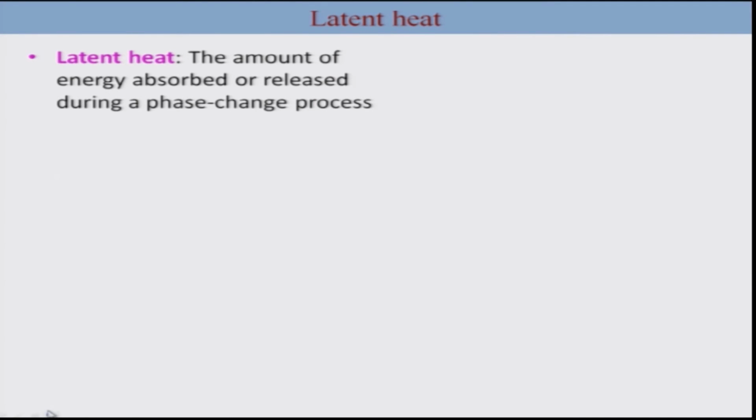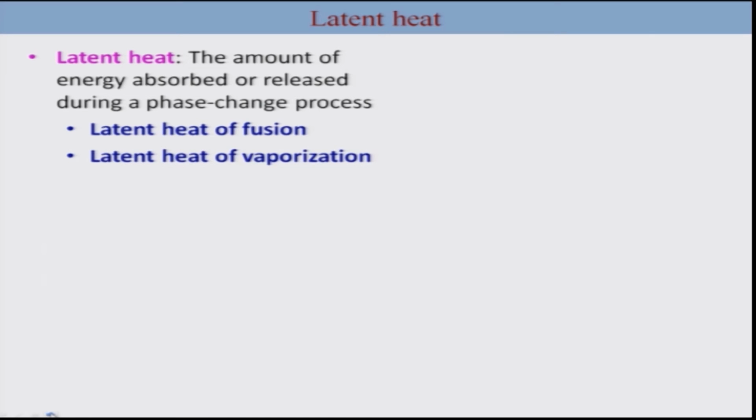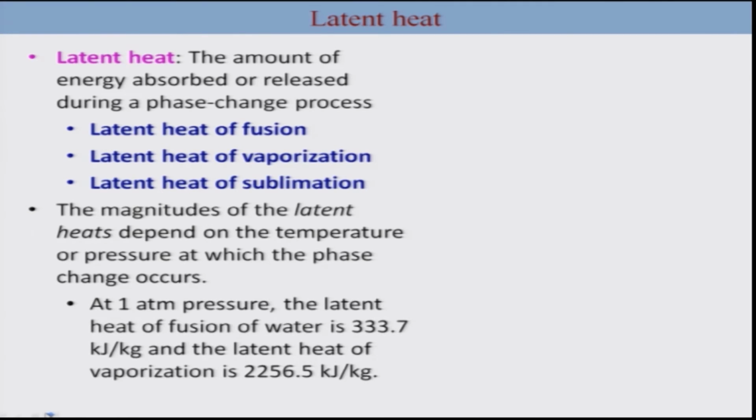This is the amount of energy absorbed or released during a phase change process. So, you will have latent heat of fusion, latent heat of vaporization for the vapor-liquid case, and for solid to vapor, you have latent heat of sublimation. The magnitude of this latent heat depends on temperature and pressure, because it depends on what kind of phase transition the system is undergoing.